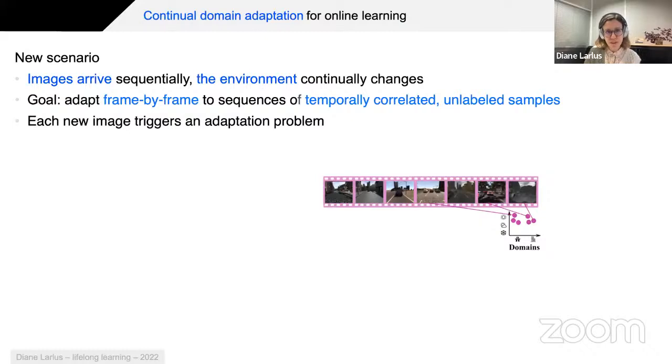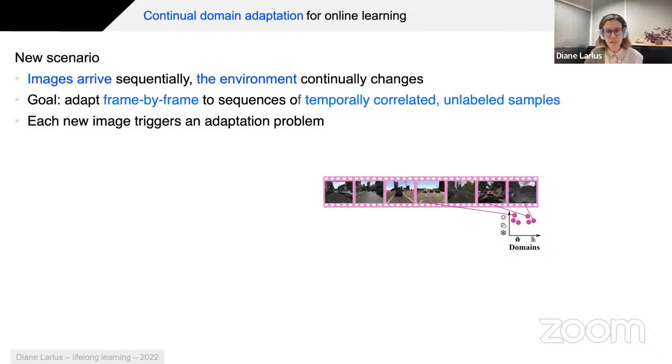In the last piece of work that I want to describe, we're going to go even one step further towards an even more realistic scenario, where samples do not come as batches, but arrive sequentially as the environment continuously changes. You can imagine you have your car driving and you get sequences of training samples.